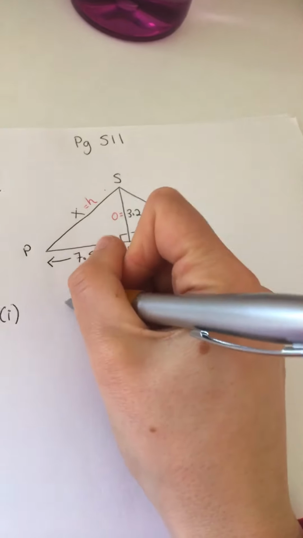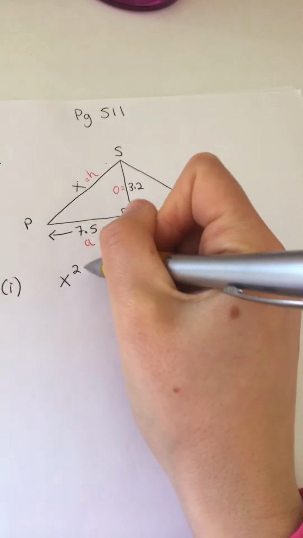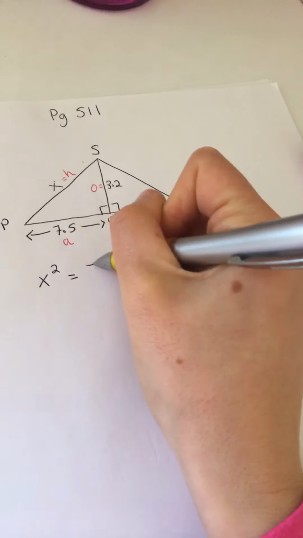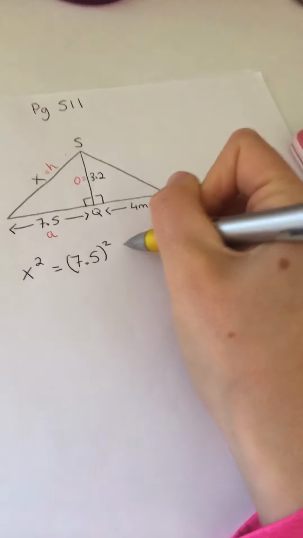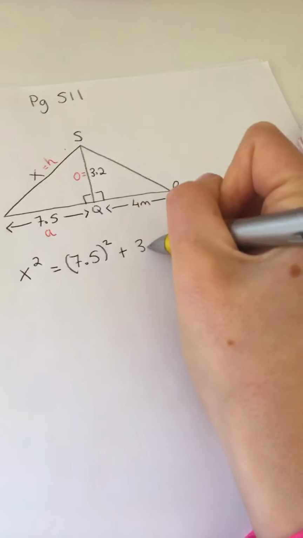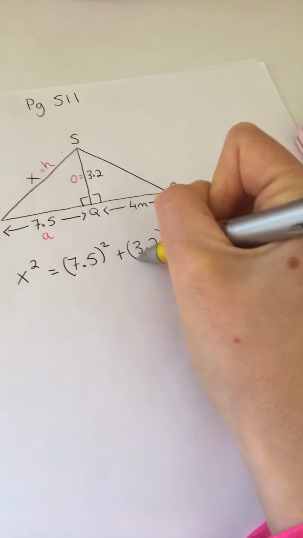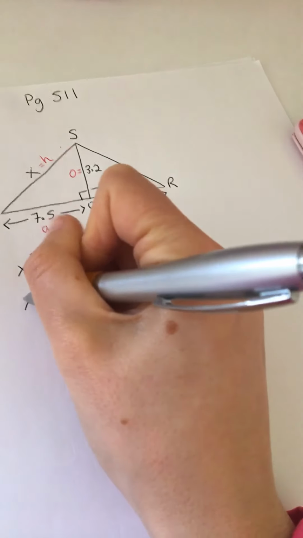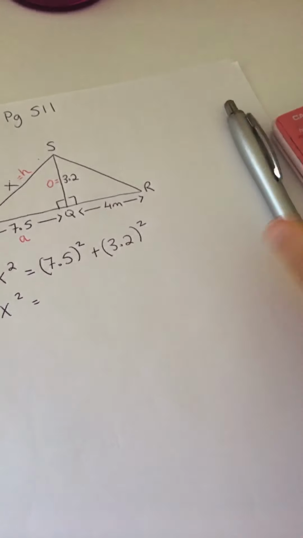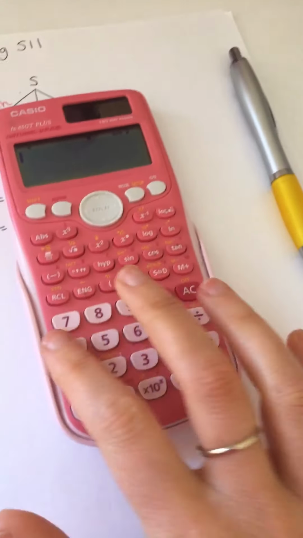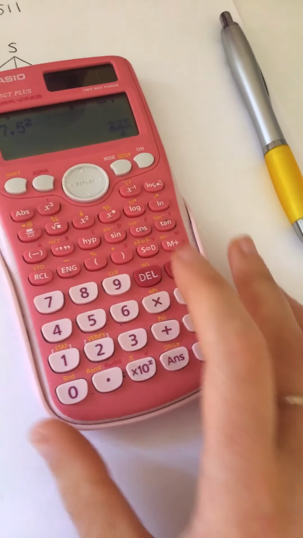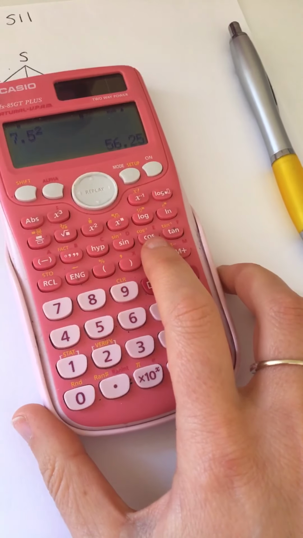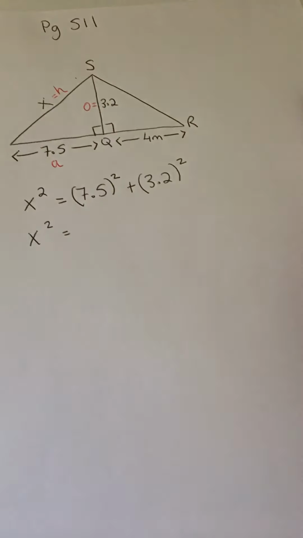So what do we have? We have x squared equals 7.5 squared plus 3.2 squared. So x squared equals 7.5 squared equals 56.25.